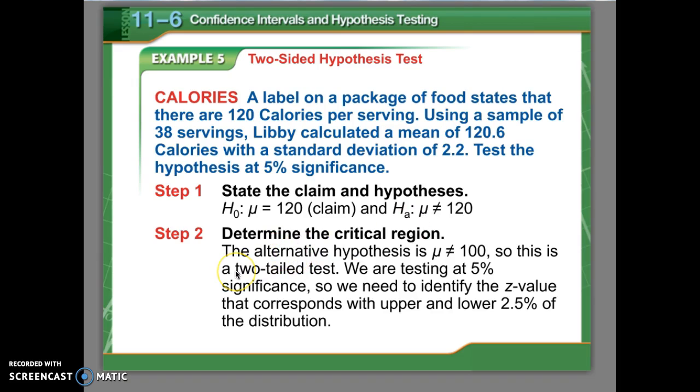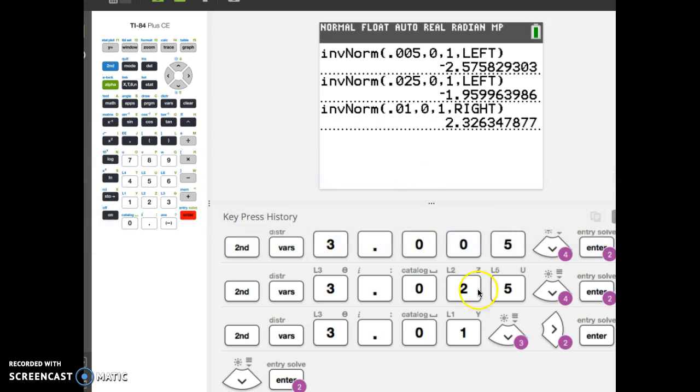The second step, to figure out the critical region, we need to take 5% significance and split it in half so that we have half on the left tail and half on the right tail. That means there's 2.5% on each tail. And if we go back to our calculator, we've already done that before. That's going to give us a z-score of 1.96.